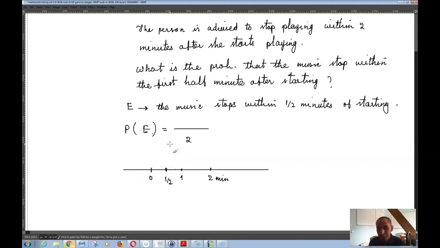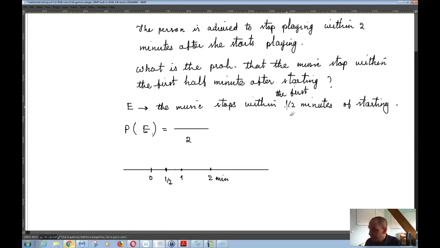So now let's see what the solution is. It says the possible outcomes are all the numbers between 0 and 2. This is the portion of the number line from 0 to 2. Let E be the event that the music stops within the first half minute of starting.